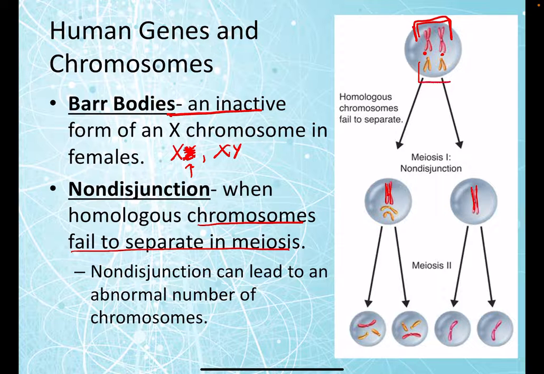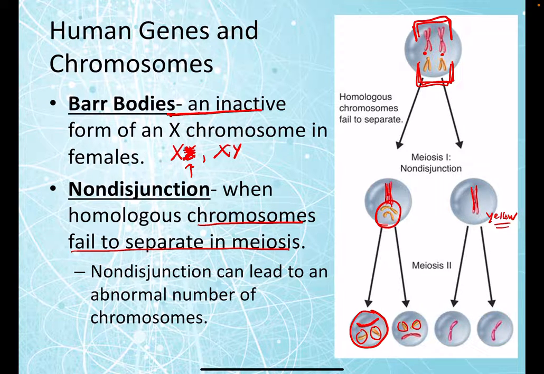Now, what happened to these guys? Those 2 didn't split apart. Instead, both sets went over here, and there's no yellow over on this side like there should be. And so in the gametes, look, we should have 1 red and 1 yellow, but instead we have 1 red and 2 yellows.